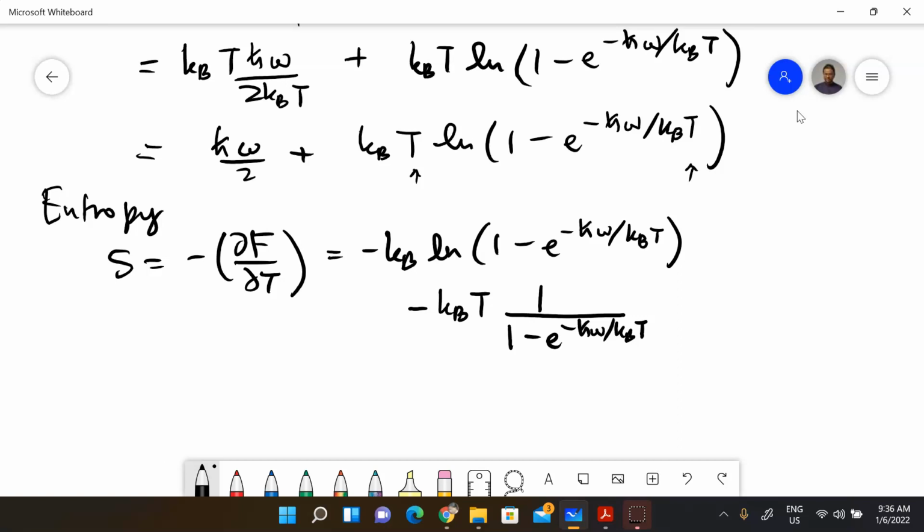And then you need to differentiate the thing inside the log. The 1 is constant, the only term here is that negative exponential.